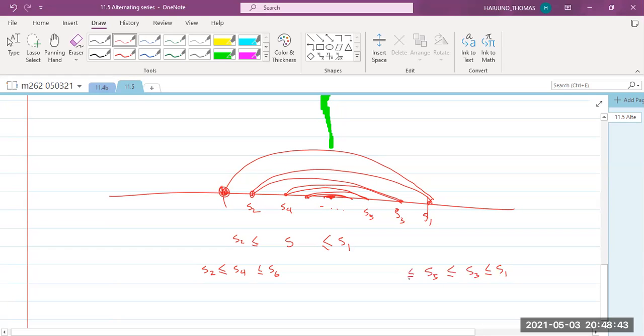Do you see what I mean? So you will see that the even partial sums are increasing, but the odd partial sums will be decreasing. This will increase, this will decrease. Eventually they meet at S, the infinite sum.